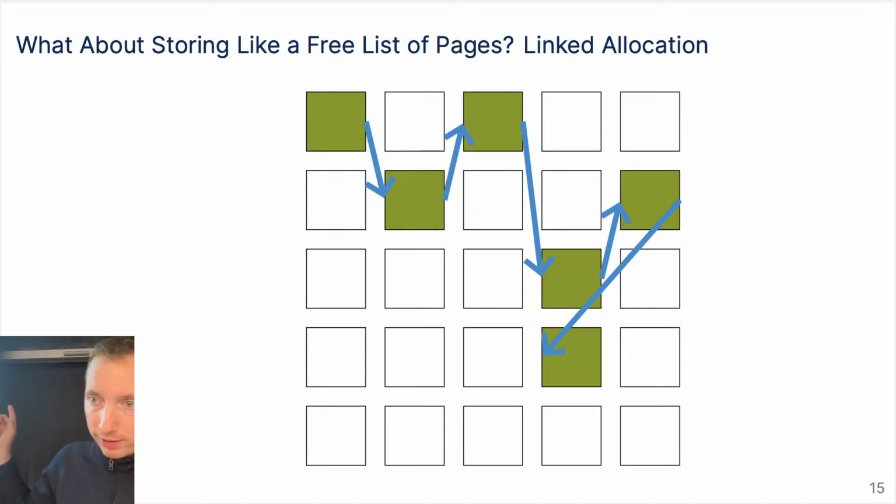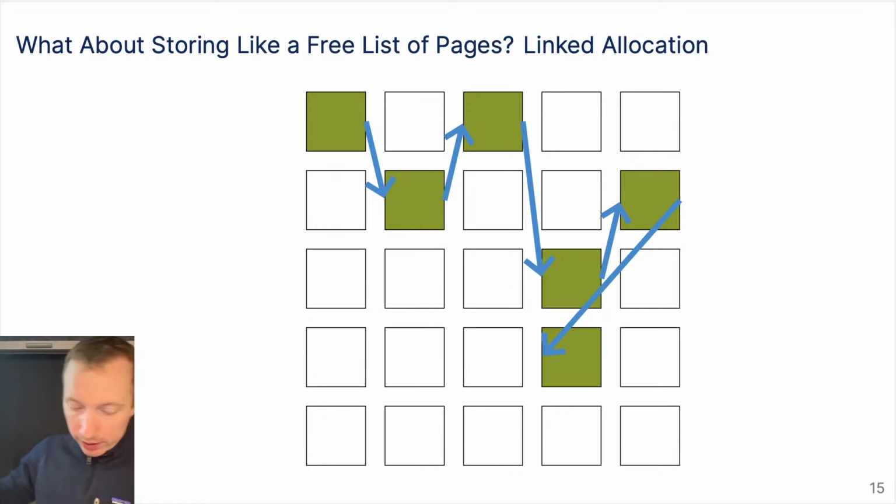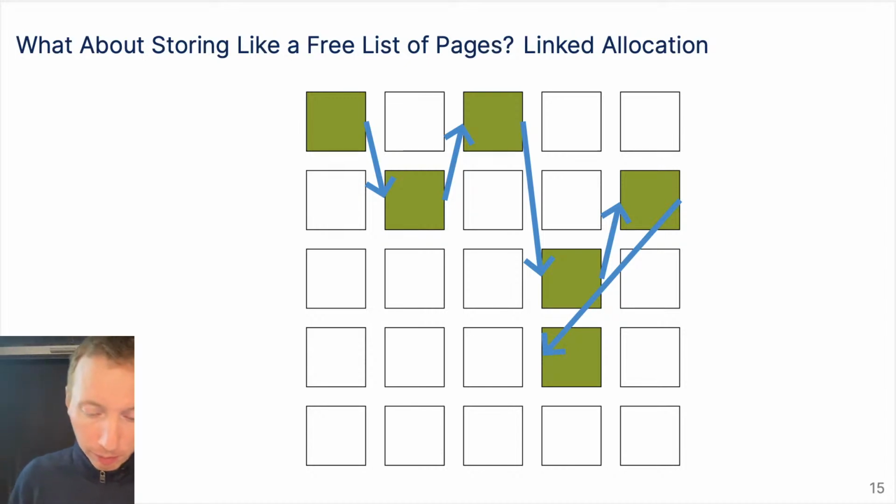So say they were sizes of pages again, so like 4096 bytes. Well, if you wanted to store the pointer to the next block on the block, and the pointer is like 4 bytes, well, then you could actually use 4092 bytes for storage, and then the 4 bytes are for the pointer to the next block. So in this case, they would point all along, and then once I hit the end of the file, that pointer would be null or something like that to indicate that there's no more blocks for this file.